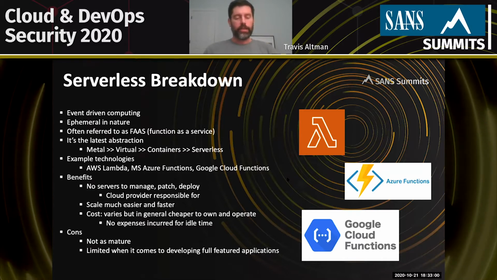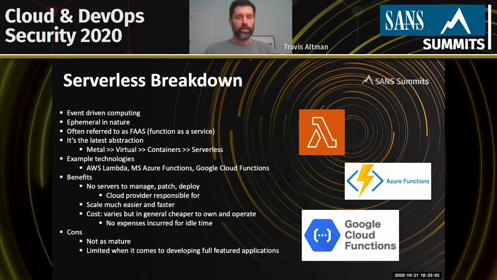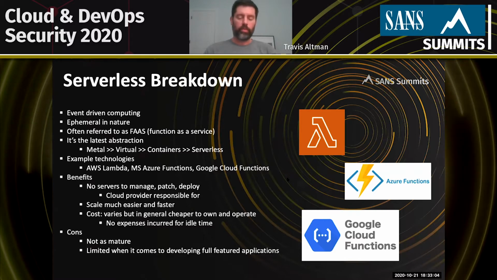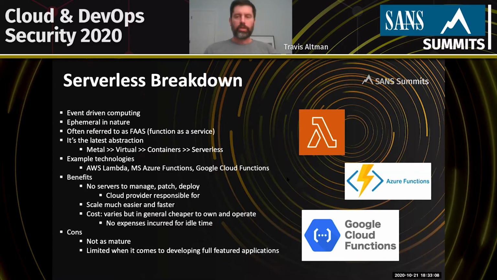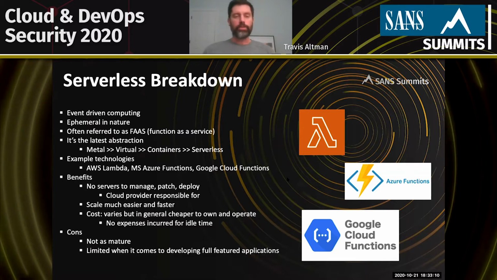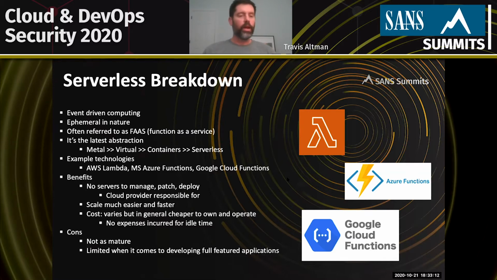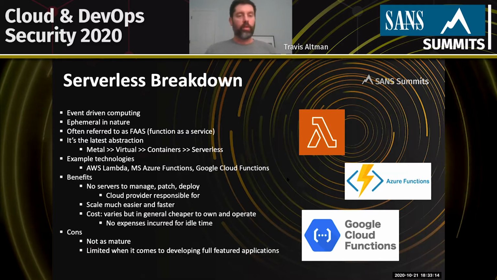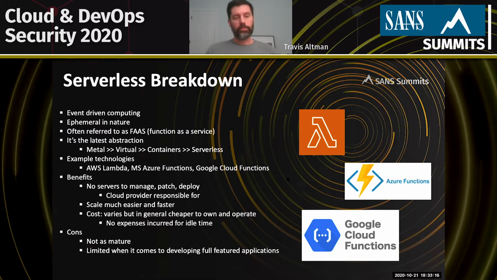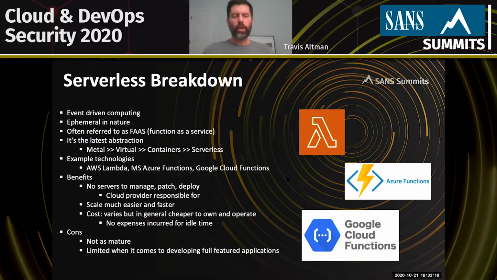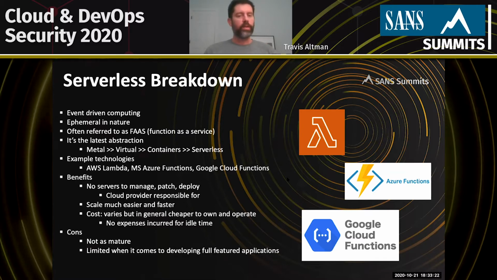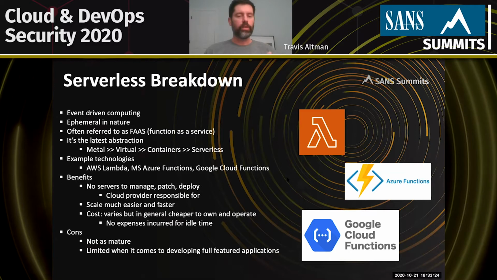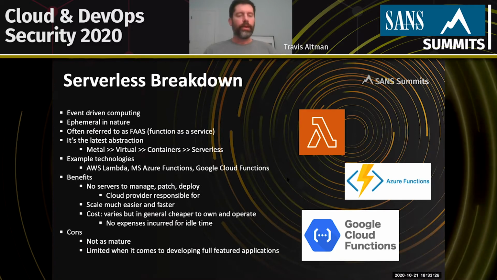So it takes in some piece of data, some information, and then it performs that function, and then it ships it off, right? And so they're very ephemeral in nature, right? So they're up for a millisecond, and then they're down. So this definitely makes it harder for threat actors to take advantage of those, right? I've got the examples you probably all know and love. It's Lambda with AWS, it's Azure Functions, and it's GCP's functions as well.